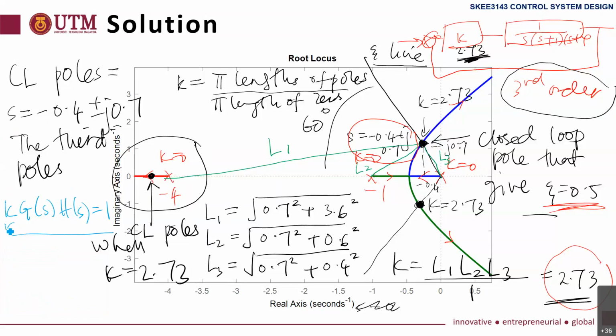We know K. We add also S equal to minus 0.4 plus J 0.7. We will get an equation, a third order equation. We will get 3 poles. If you have a calculator, you can directly calculate. If not, you can substitute this value. Then we need to find another pole. Okay, so later we will do this. We need to also find the third pole. Any question regarding this?